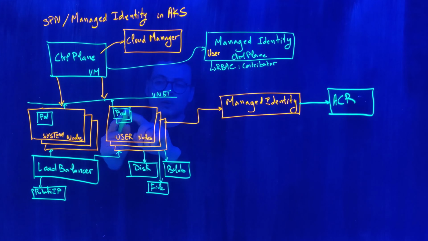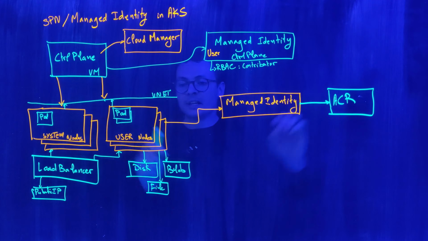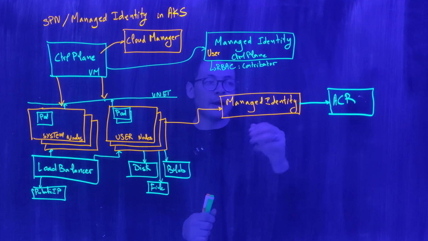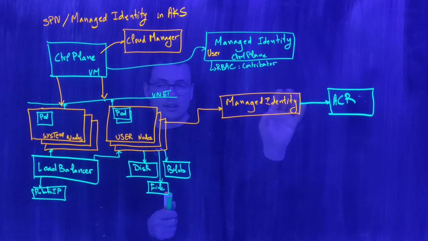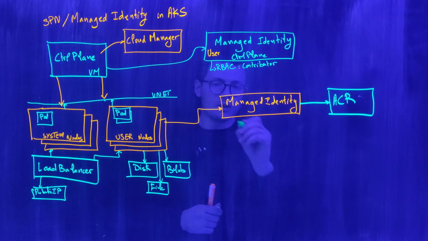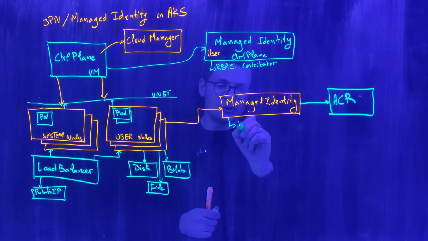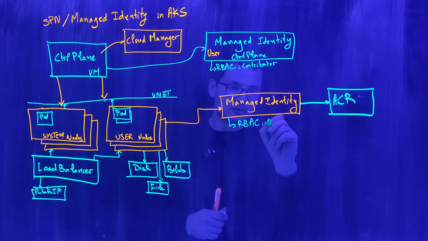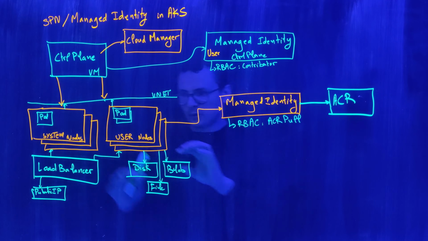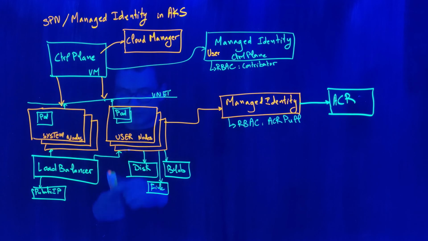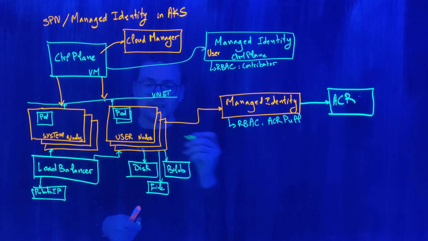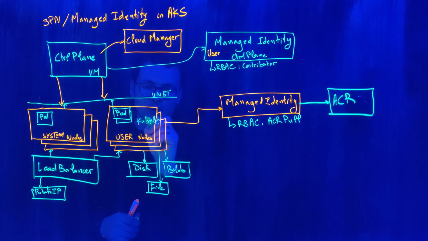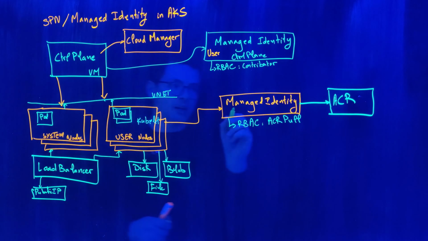In order to get this pod from my ACR, I will need the RBAC ACR pull role in order to get that image down to here. So by default, we will see the role ACR pull. Then this managed identity will be used by here. But inside here, the component that will be using that managed identity is the kubelet. So for that, we call it the kubelet identity.